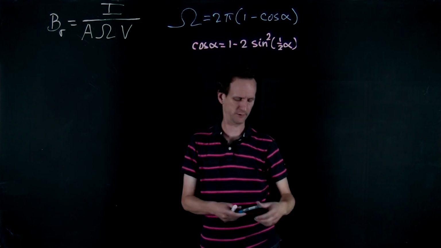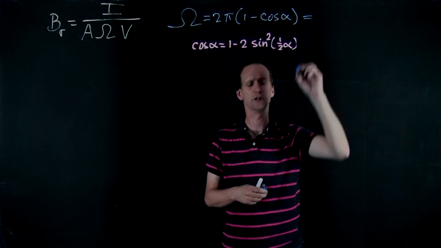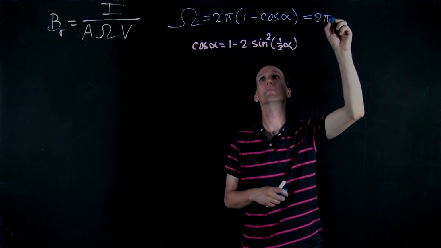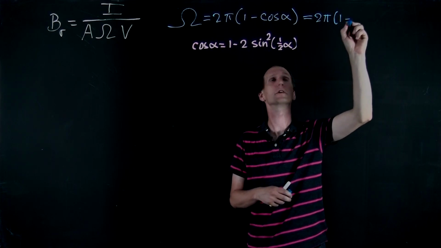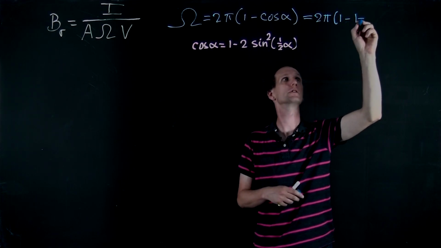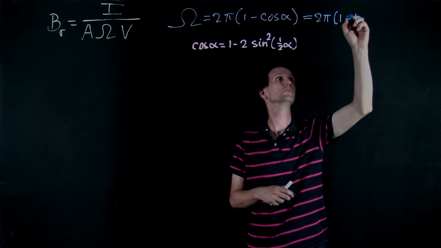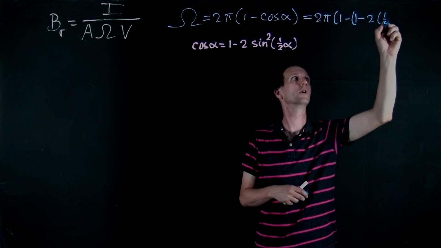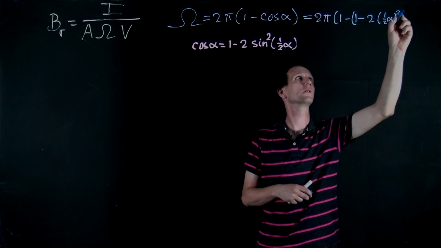So with that, this equation becomes 2 times pi times 1 minus, in brackets, 1 minus 2 times half alpha squared.